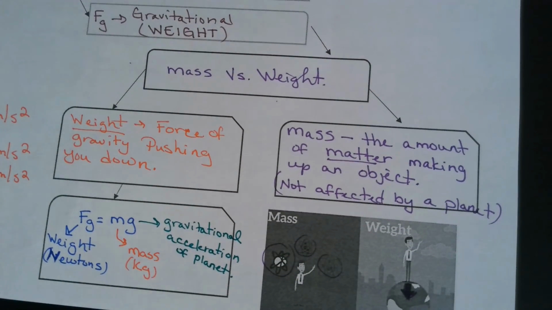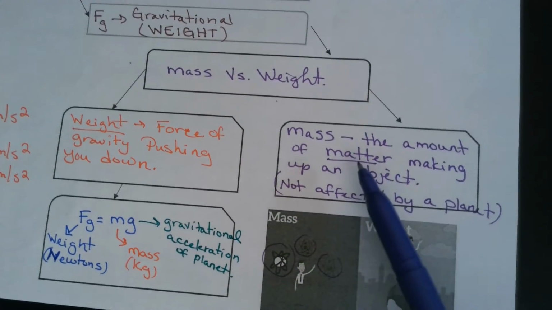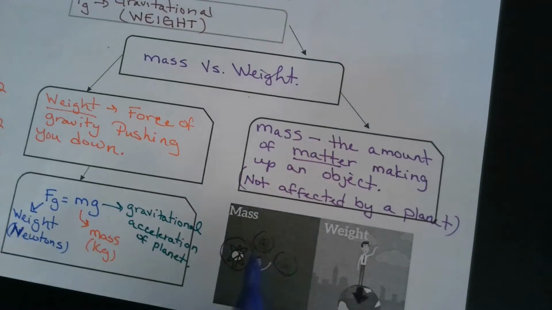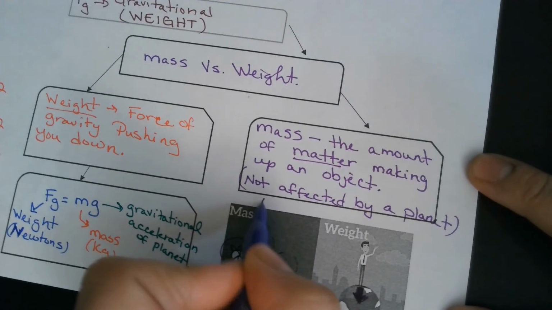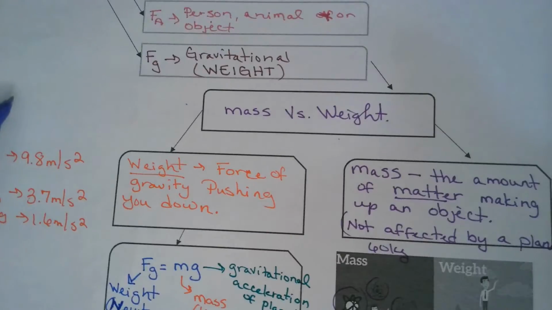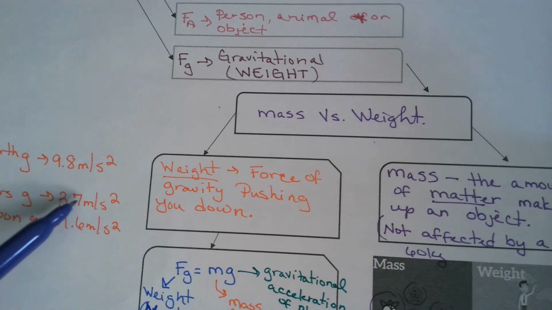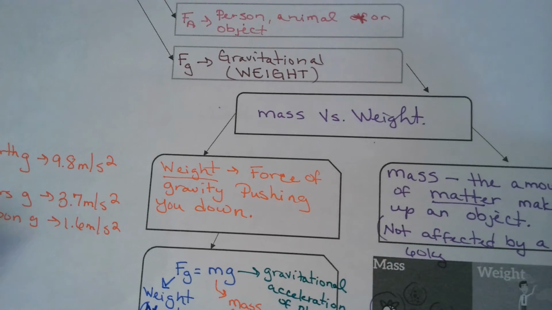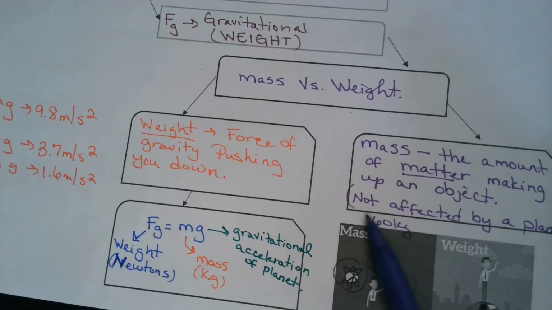That's the big key thing to know. This number is going to be the same. If this guy is 60 kilograms as his mass, and he goes to Mars, he's still going to be 60 kilograms. If he goes to the moon, he's still going to be 60 kilograms. This amount is never going to change.